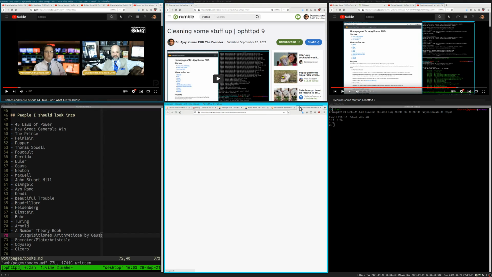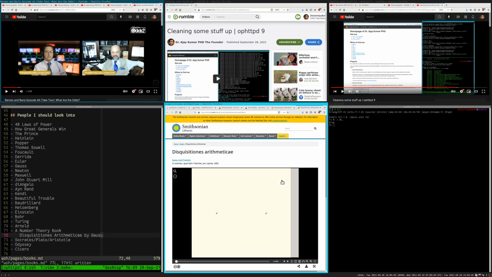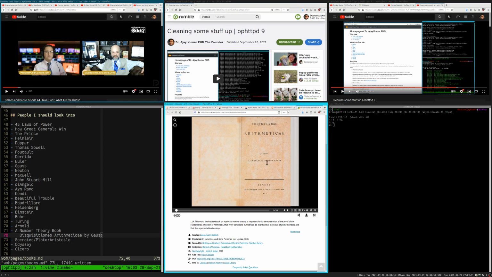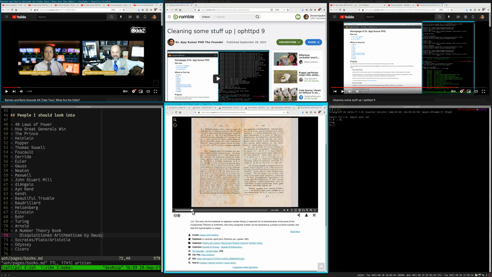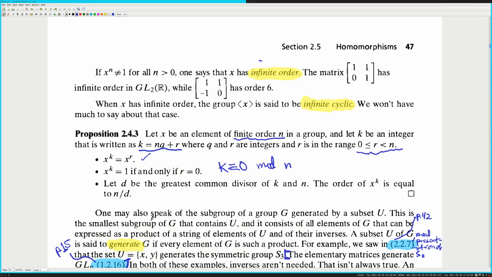None of these look like good sources. Oh, it's the Smithsonian. Is it in Latin? It looks like it's in Latin. Yeah. So, is there an English version? Okay, well, we'll worry about that later.